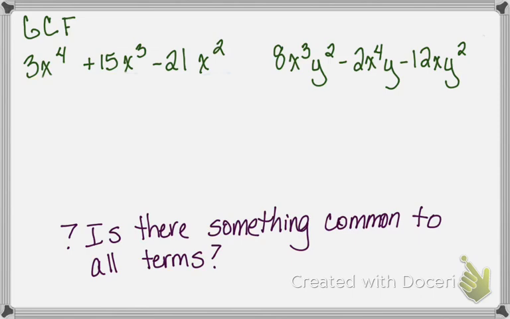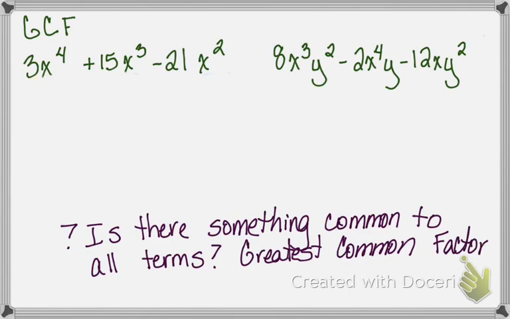Okay? Yes, 3x squared. In this particular one, it is 3x squared. But that's what you're asking yourself. Is there something common to all terms? And if something is common to all terms, that's called the greatest common factor. And it doesn't matter what you're factoring. Always ask yourself if I have a greatest common factor that I can factor out. Because when there is a greatest common factor that you can factor out, it does make it easier. It does make it easier when you have to factor later on.